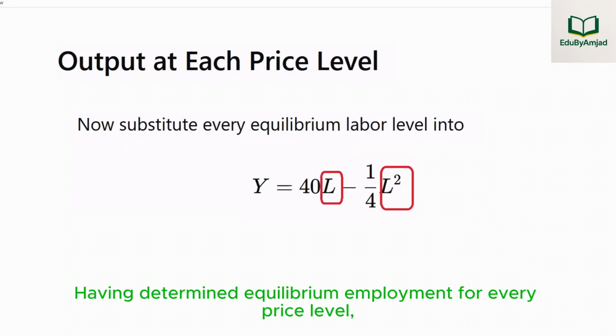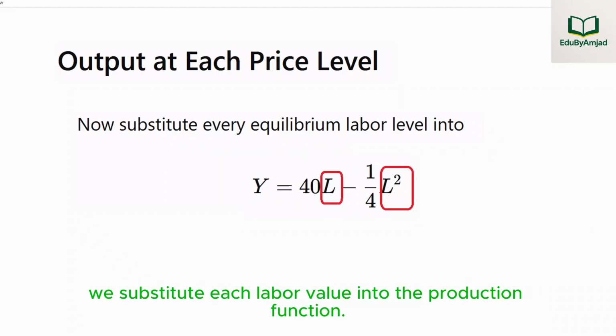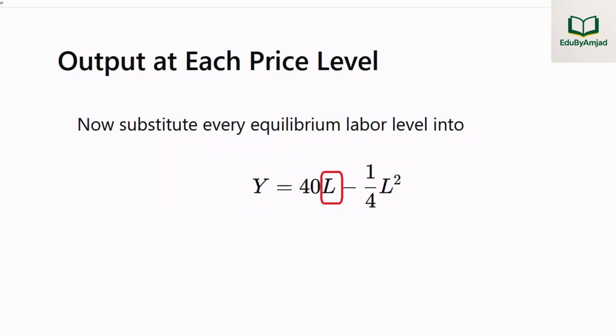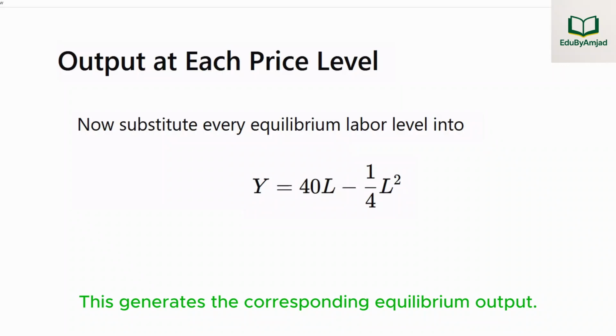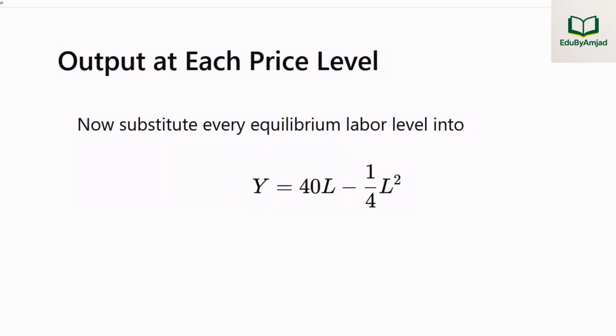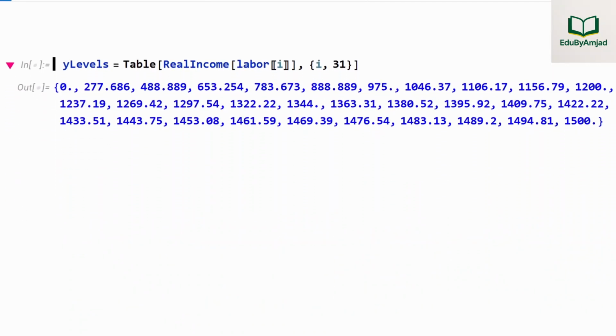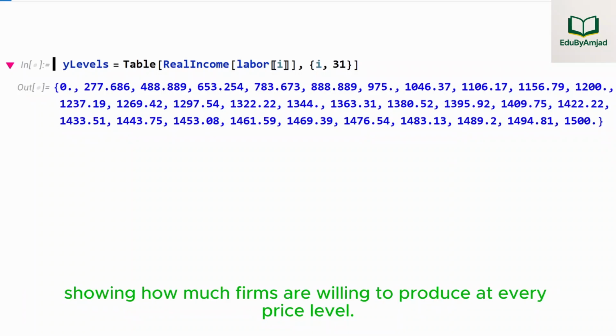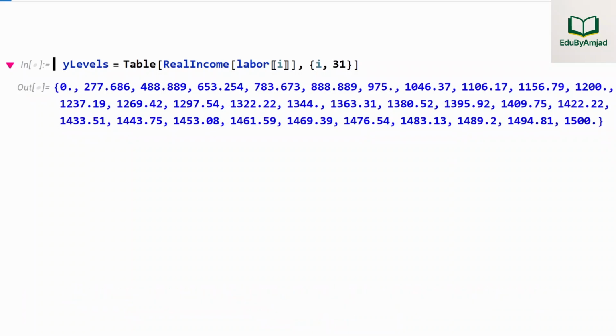Having determined equilibrium employment for every price level, we substitute each labor value into the production function. This generates the corresponding equilibrium output. The result is a complete schedule showing how much firms are willing to produce at every price level.